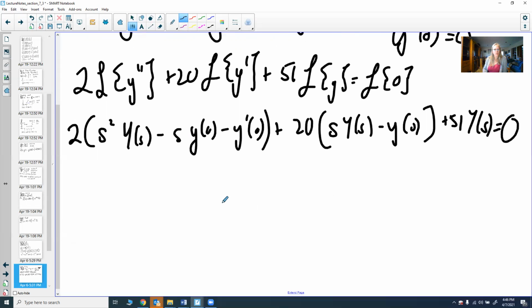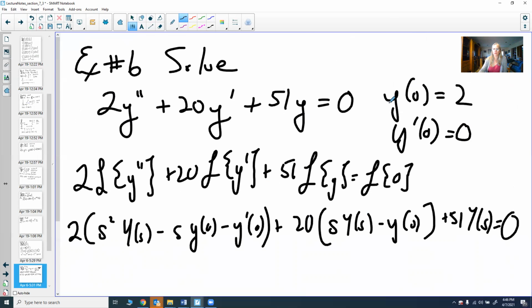Okay, so now we want to get all the y of s terms together, and all the constant terms to the other side. Go ahead and put in what these things are equal to. So y of 0 is 2, y prime of 0 is 0.